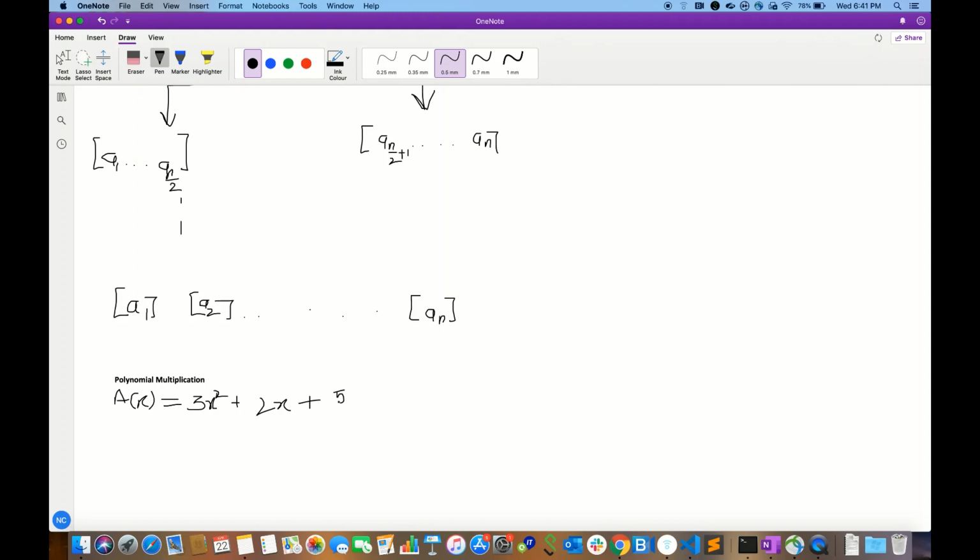Let's see the problem statement related to polynomial multiplication. According to the problem statement, we are given two n minus 1 degree polynomials. By the way, the polynomial stated here has degree 2 in the example. So we are given two n minus 1 degree polynomials, and the output should be the product polynomial.